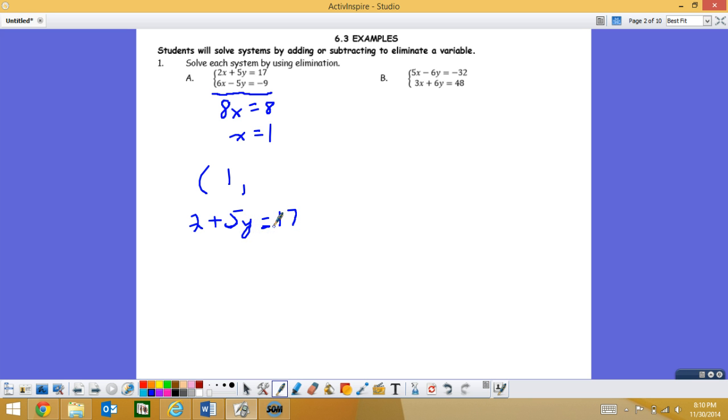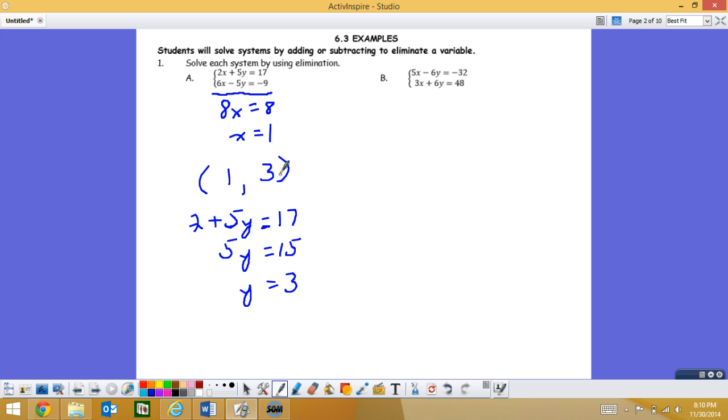And then we just solve this for y. We'll subtract the 2 to solve for y, so then 5y is equal to 15. 17 minus 2 is 15. And then dividing by 5, y is equal to 3. So that is the y coordinate of the point of intersection.